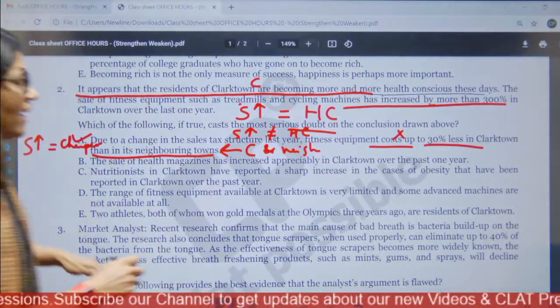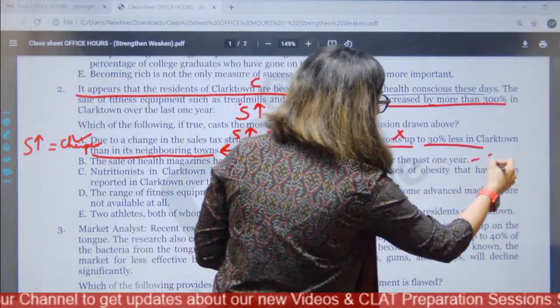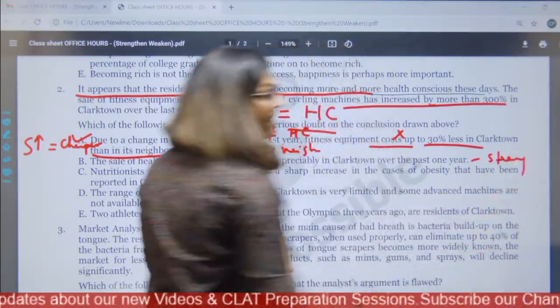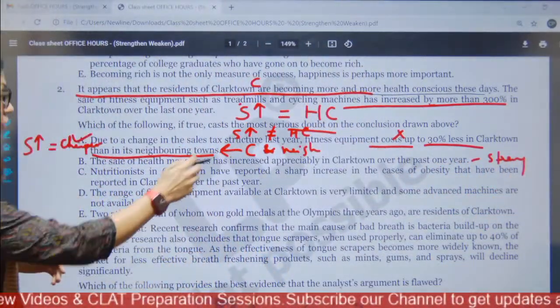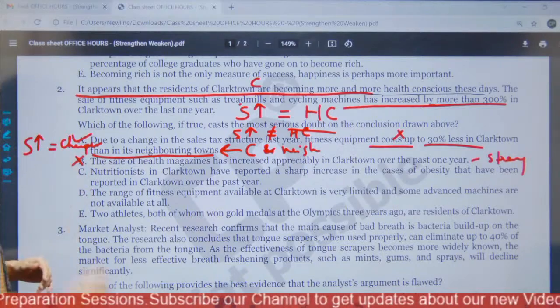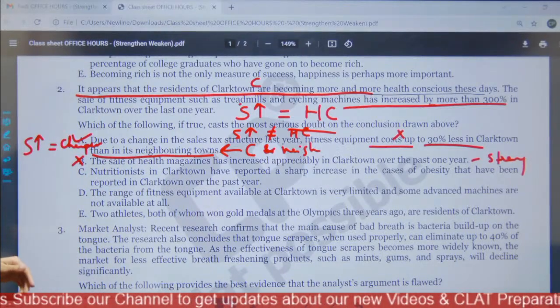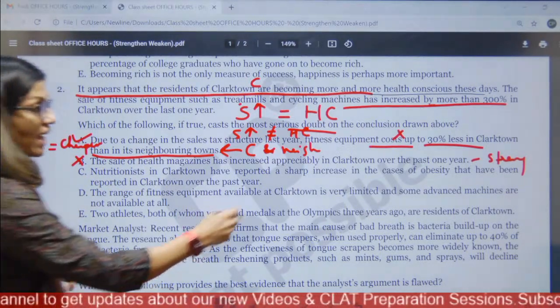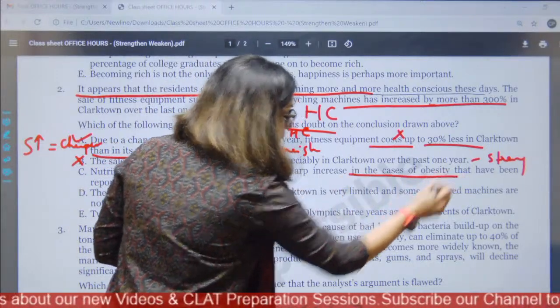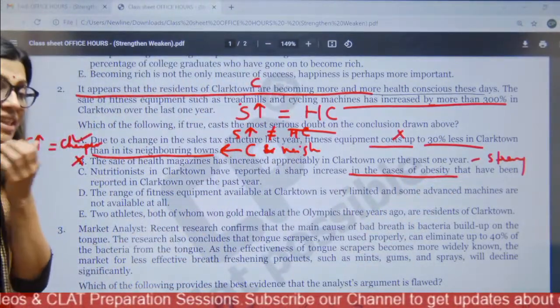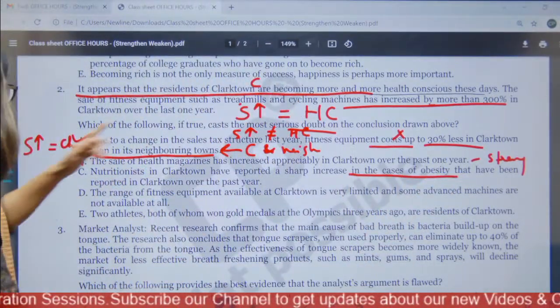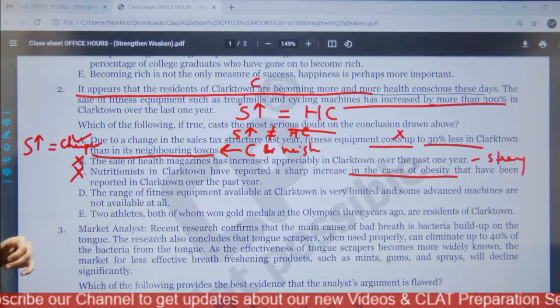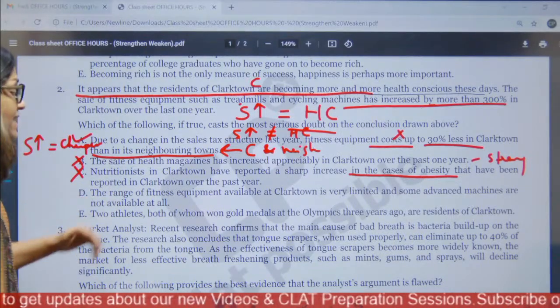So B, on the other hand, is strengthening. It is giving another reason to believe that people of Clarktown have become health conscious. C is giving another reason why people could have become health conscious, because they have all become obese. Now they are turning to health. D is irrelevant.